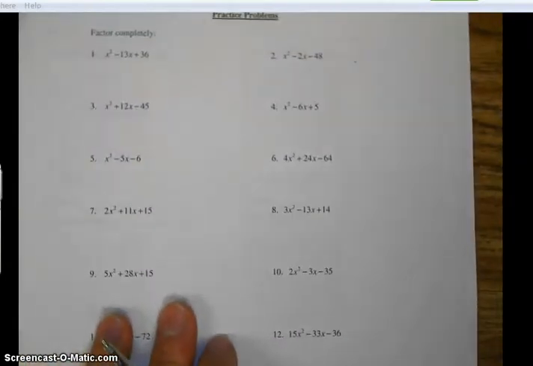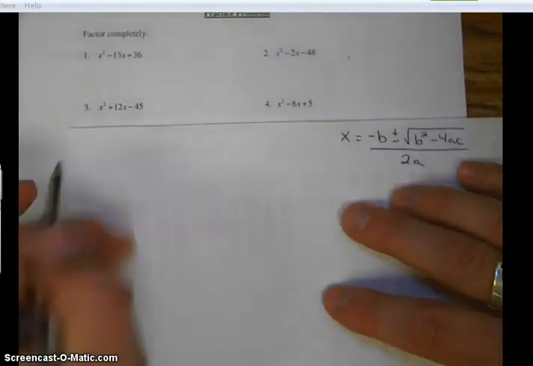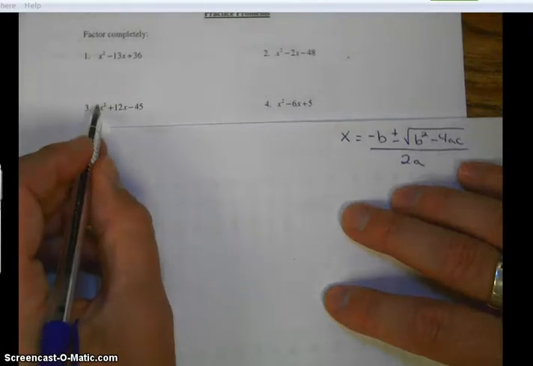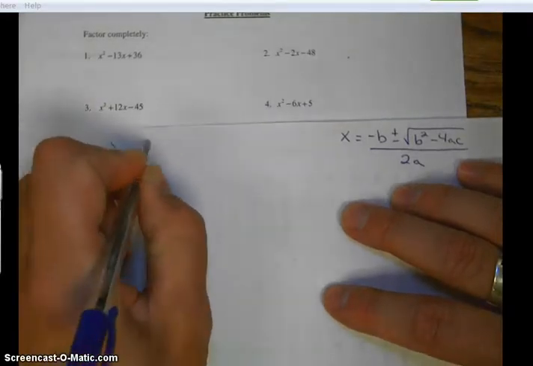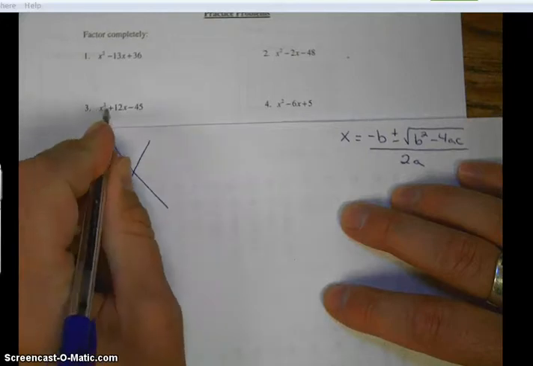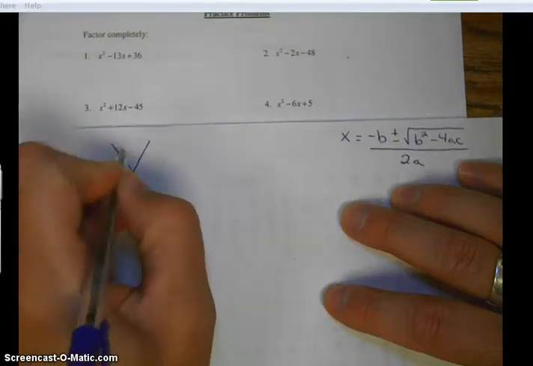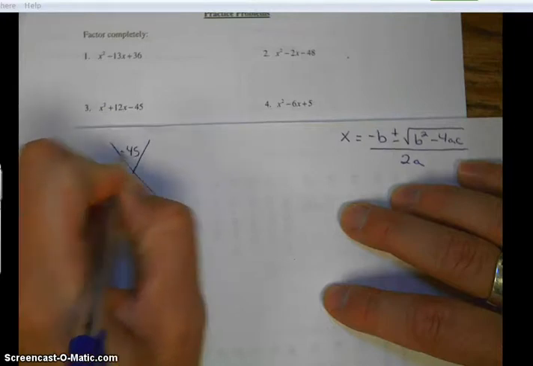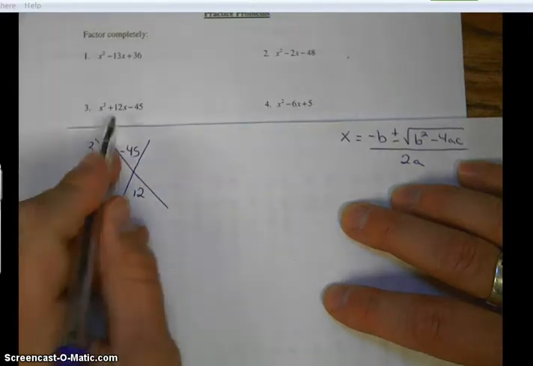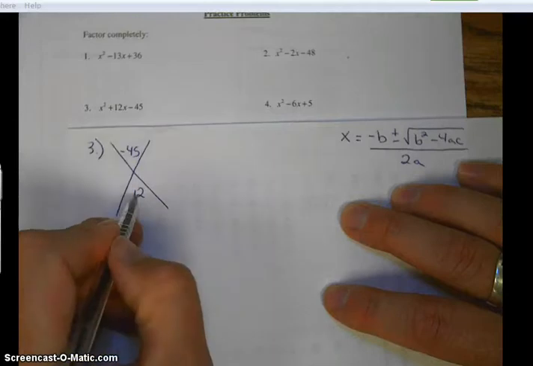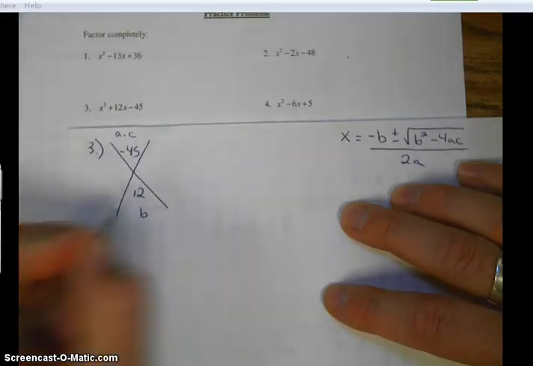Okay, factoring. Just as a reminder how to factor. So remember that when your a value is a 1, okay, we're going to use the X factor. It's a trinomial. It's a quadratic. So we do 1 times negative 45. 12 on the bottom. The middle term goes on the bottom. Remember, it's a times c on top, b on the bottom.